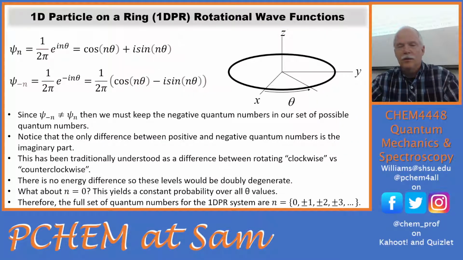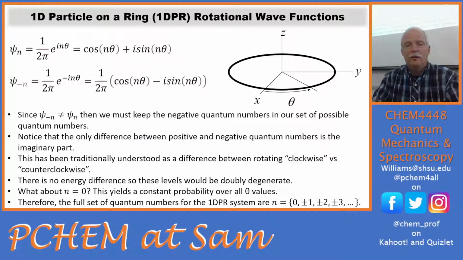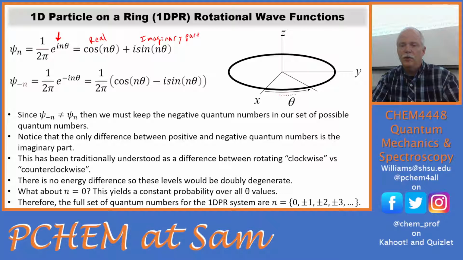Okay, so not so for the particle on a ring. So this is our particle on a ring wave function. Not only is it imaginary here, that imaginary function, when you take into account Euler's relationship, brings in a real part and an imaginary part. And this is the motion around this circle.